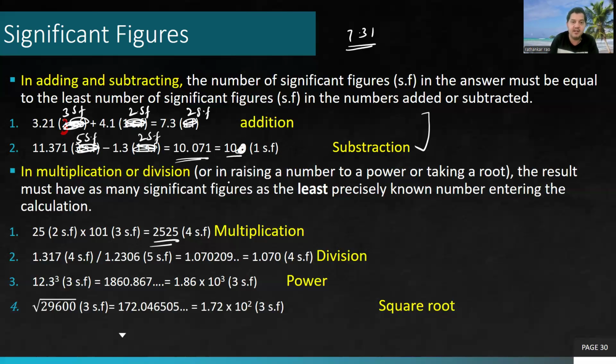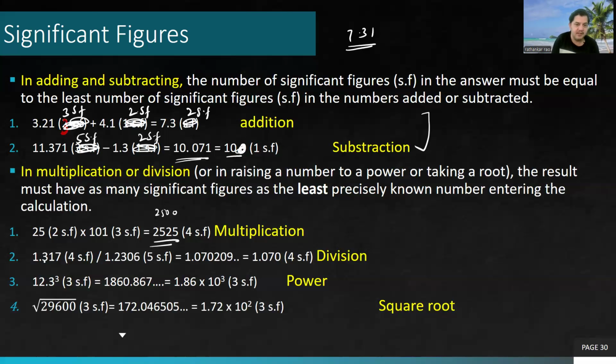Read this. It says, or in raising a number to a power, the result must have as many significant figures as the least precisely known number entering the calculation. But if you write this as 25 over here, then definitely it is 2500. If I write this as 2500, definitely it will be lost.